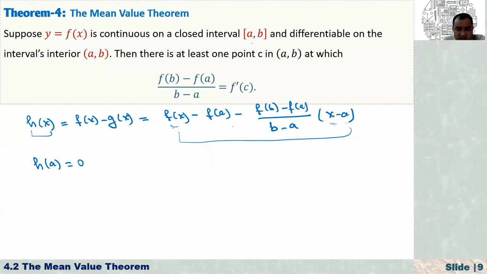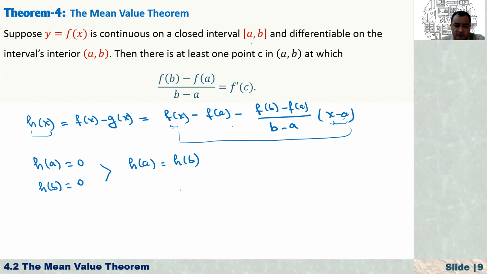That's equal to 0. And how about h of b? H of b, here f of b, and here we have b minus a, b minus b, they cancel each other. F of a minus plus is f of a, anyway, that's equal to 0, which means that h of a is equal to h of b, right? So this h function is continuous and differentiable there, and it also has equal values at the endpoints.